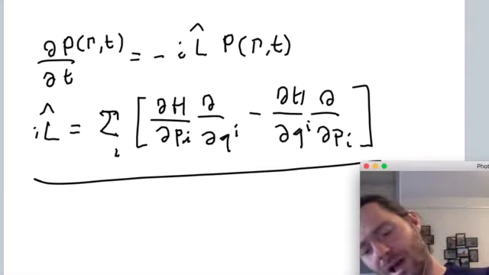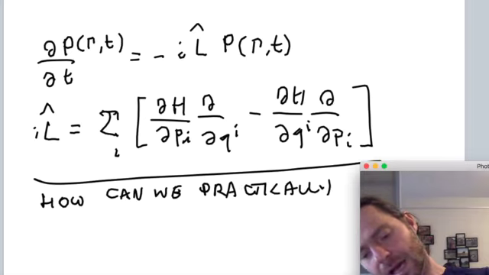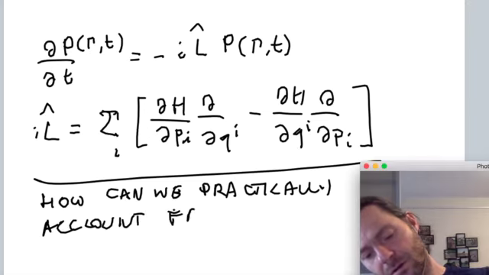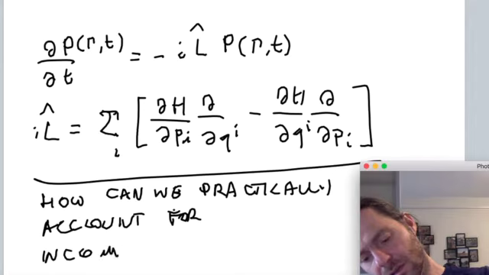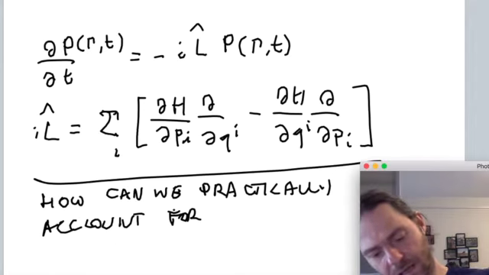So how can we practically account for incomplete knowledge? My handwriting is getting worse by the day.